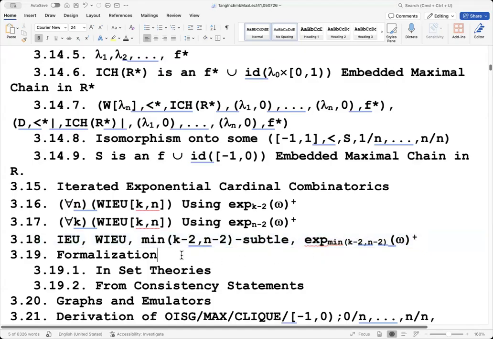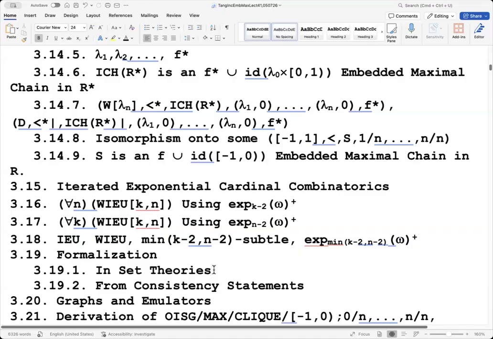Okay. And then I have a section on what exactly are the formal systems that I want to say are enough to prove these various things, just to be precise, because I'm using informal language. I'm saying using omega one. So I want to get more formal, and I do that here. There's two ways to be more formal.